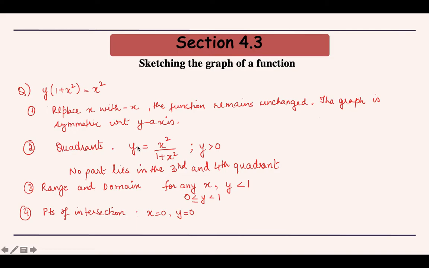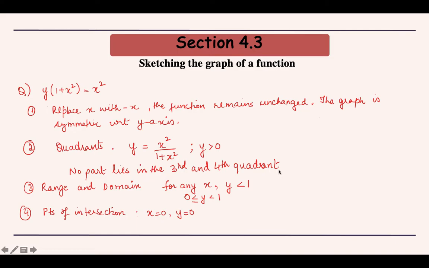The second step is we need to check whether there are some quadrants where no part of the curve lies. For that, let us look at the expression for y. As you can see in this expression, all the terms are definitely positive, and so we can easily say that no part lies in the third and the fourth quadrant.